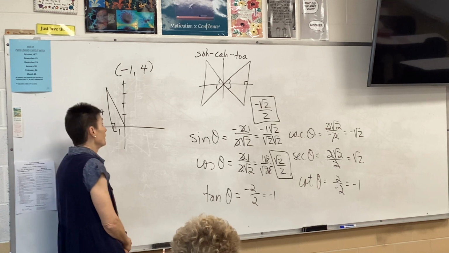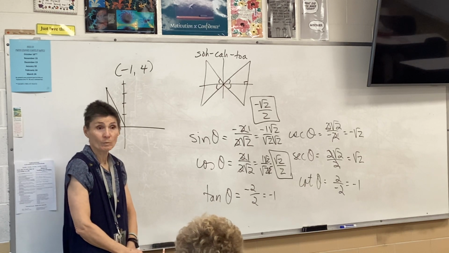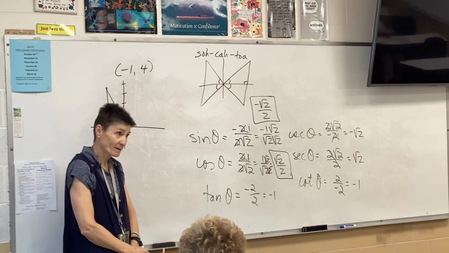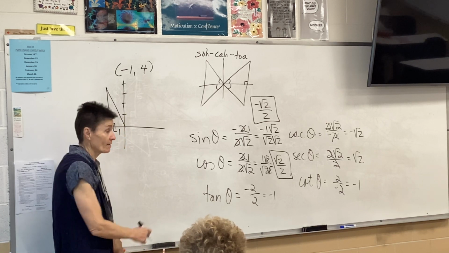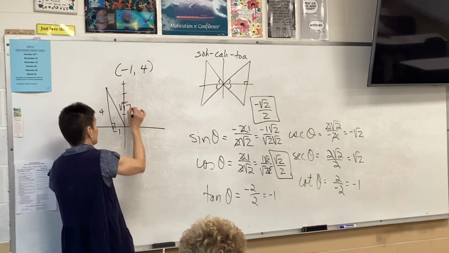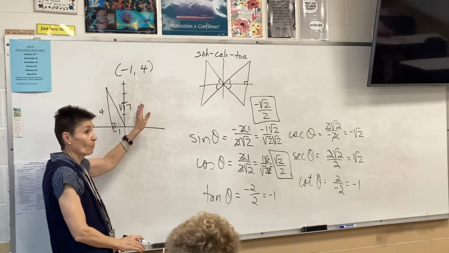Pythagorean theorem. And what will that be? Let's figure that out. Remember, when you square, it's positive. Everything's positive. Square root of 17. Remember that the hypotenuse is always positive.